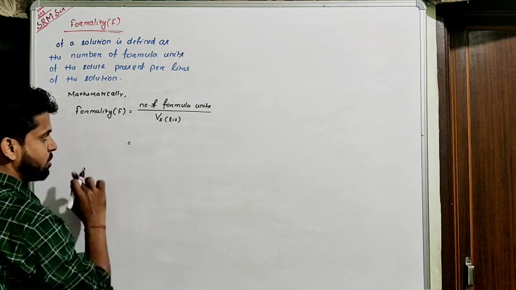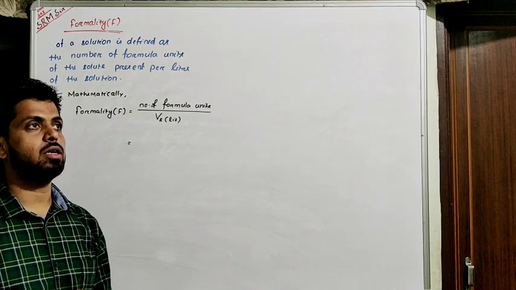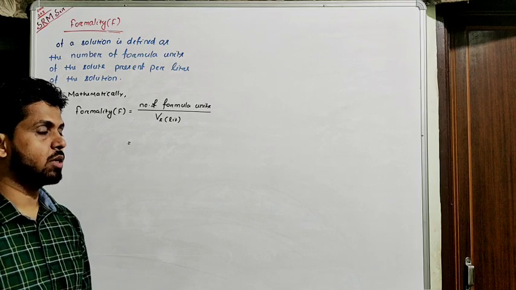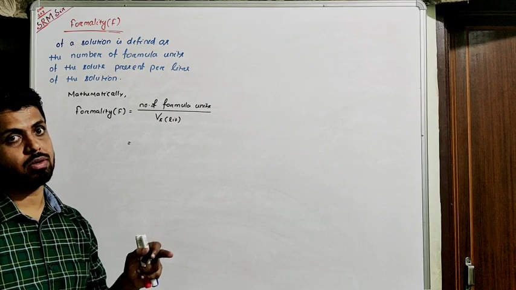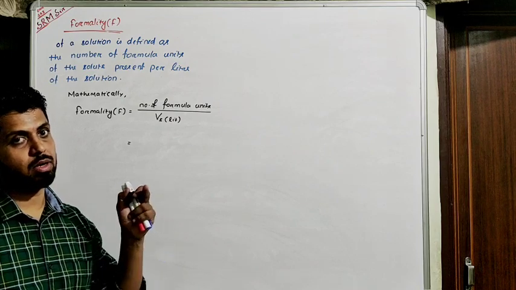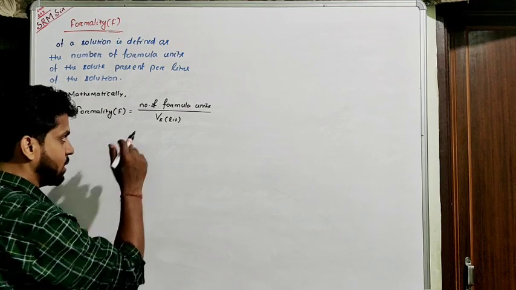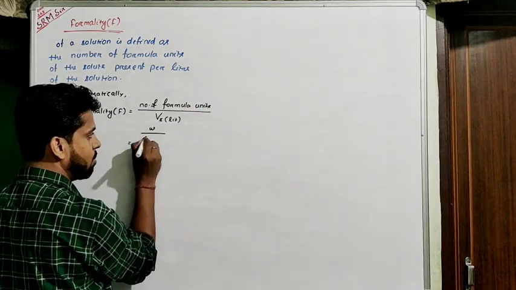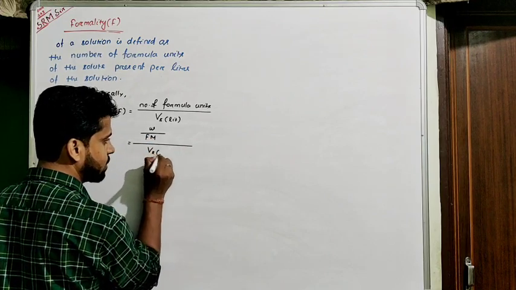Number of formula units means what? Earlier we have seen in normality, that is number of gram equivalent, meaning mass by equivalent mass. In molarity, number of moles, that is mass of the solute by molecular mass. Here number of formula units means mass of the solute by formula mass, divided by Vs in liter.